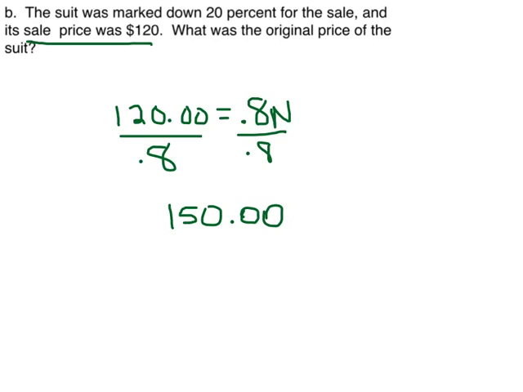So 150 is the original price, and 120 is the sale price. All right. Now remember, in a markdown, the markdown percentage is not the same as the sale price. So you need to find the percentage that is the same as the sale price when you do your equation. Good job. I'll see you next time for lesson 113.